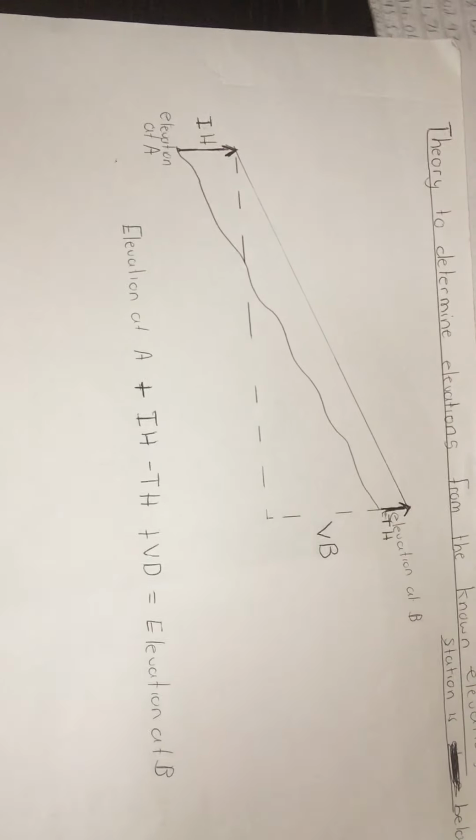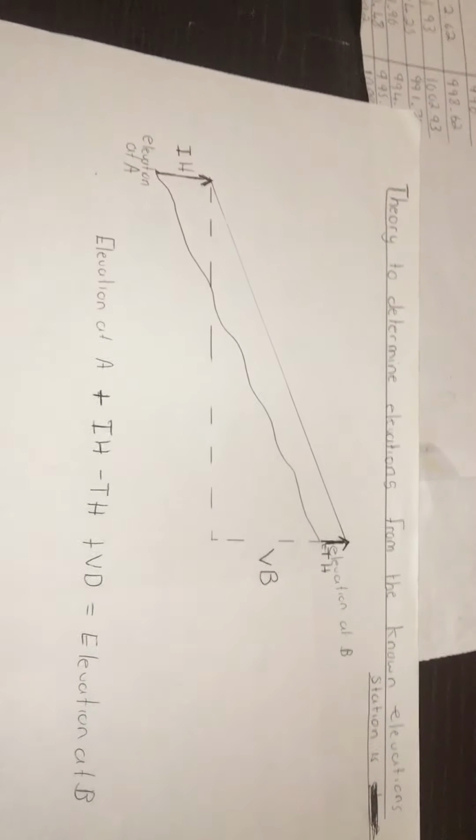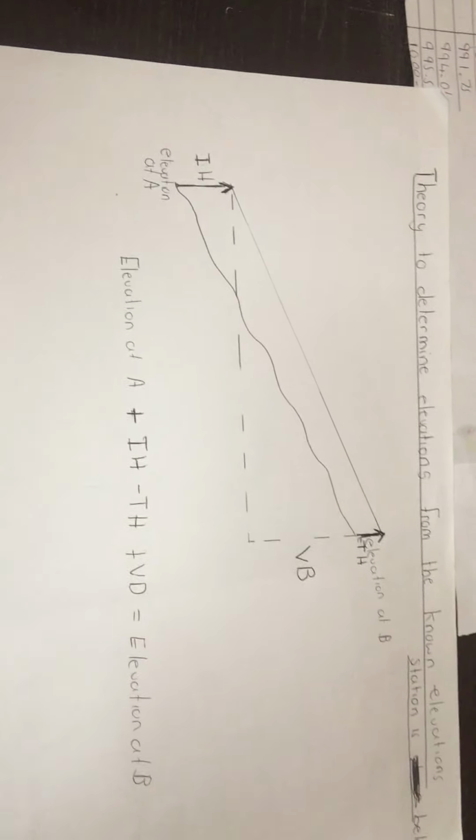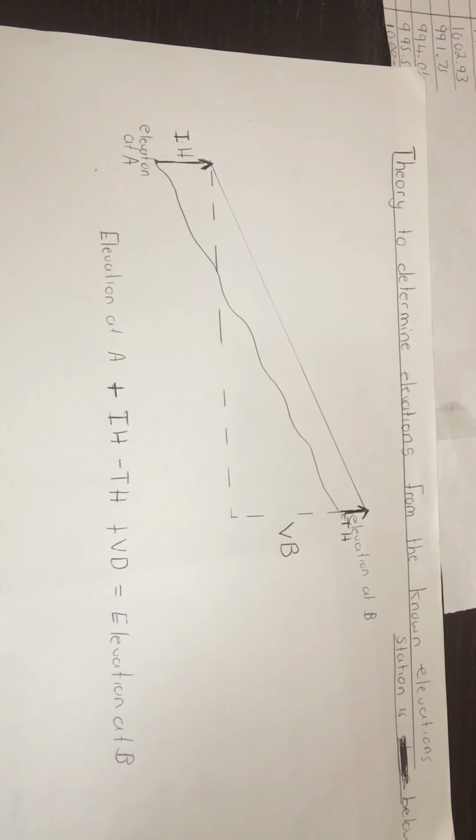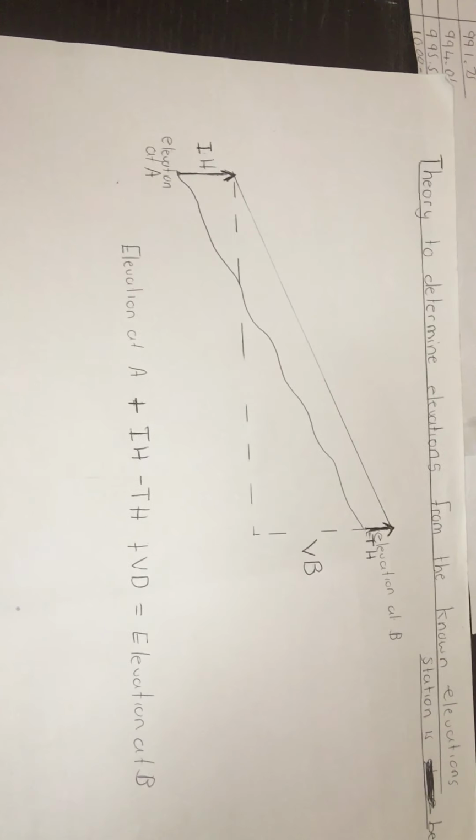These are some diagrams that I wanted to show you, because in tacheometry you're determining coordinates and elevations. You remember when you were doing your traverse, you would also determine your coordinates.